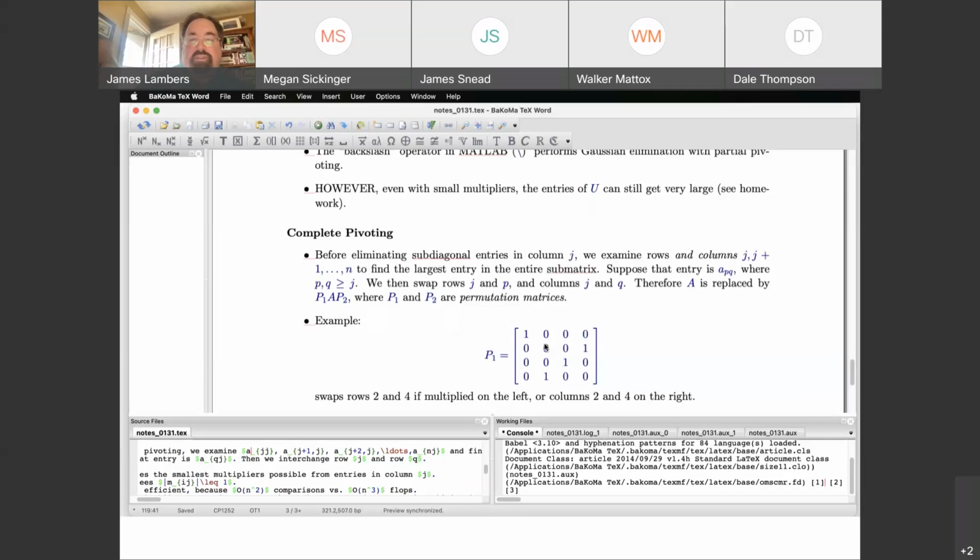How do you get the elementary row matrix? You perform the operation on the identity matrix. So if you took the 4x4 identity and swapped rows 2 and 4, this is exactly the matrix you would get. If you multiply on the left, it'll swap those rows. But if you multiply some matrix by this on the right, it will swap those columns, because this is also columns 2 and 4 of the identity swapped.